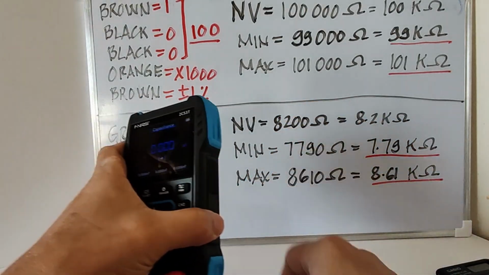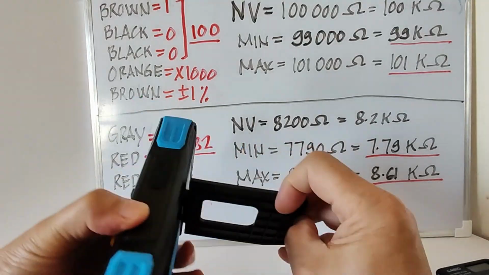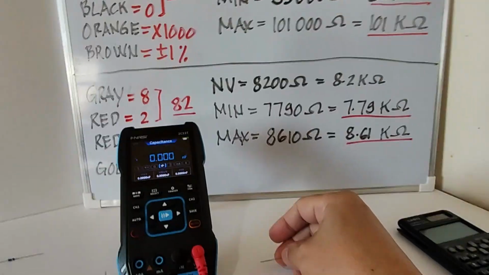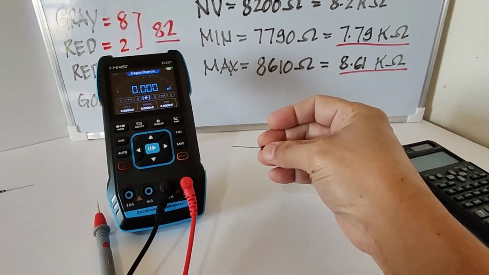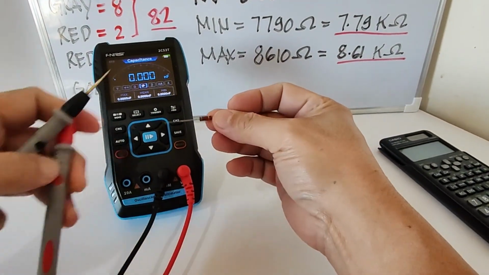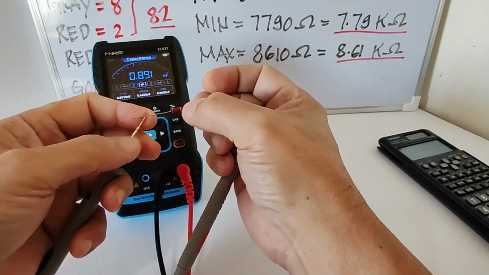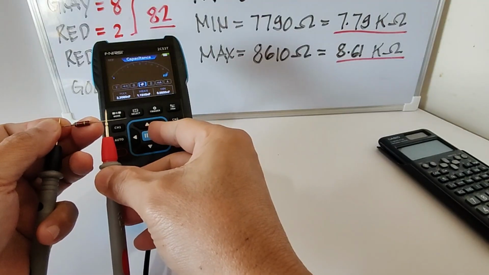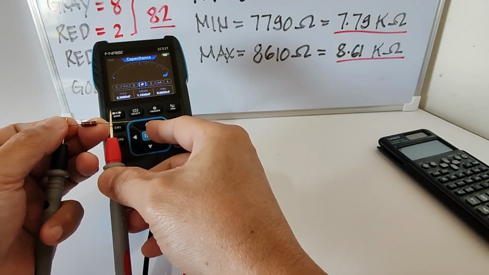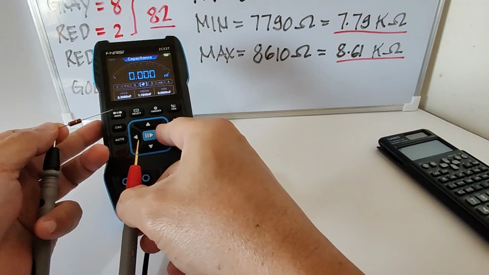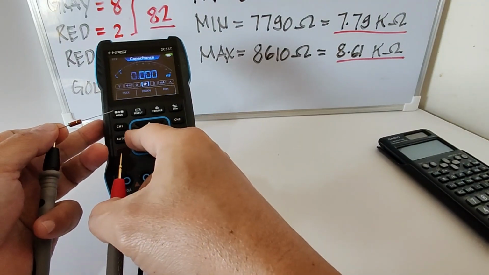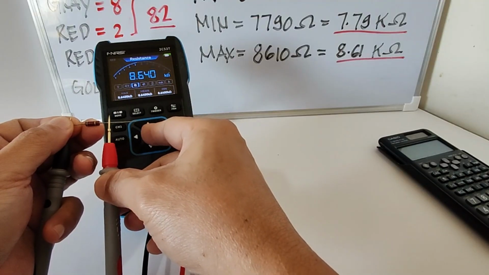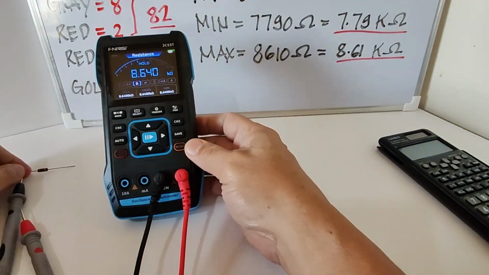Let's now use the meter. Let's put it in ohms first, resistance. There.